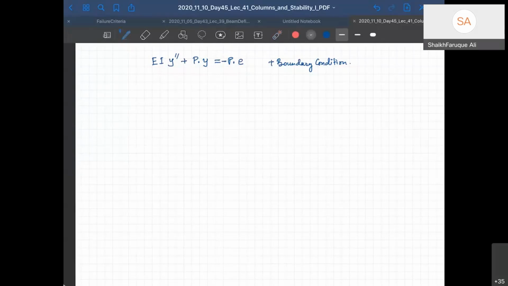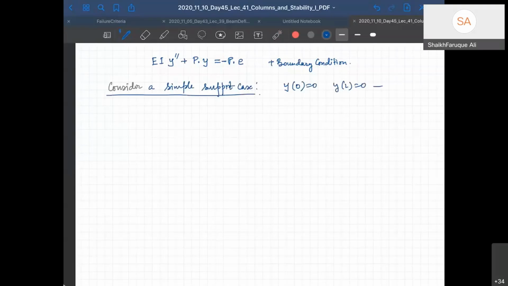Consider a simple support case. We will have y at 0 equal to 0, y at L equal to 0. That is what we are going to have for a simple support case, the boundary conditions. These are my boundary conditions.